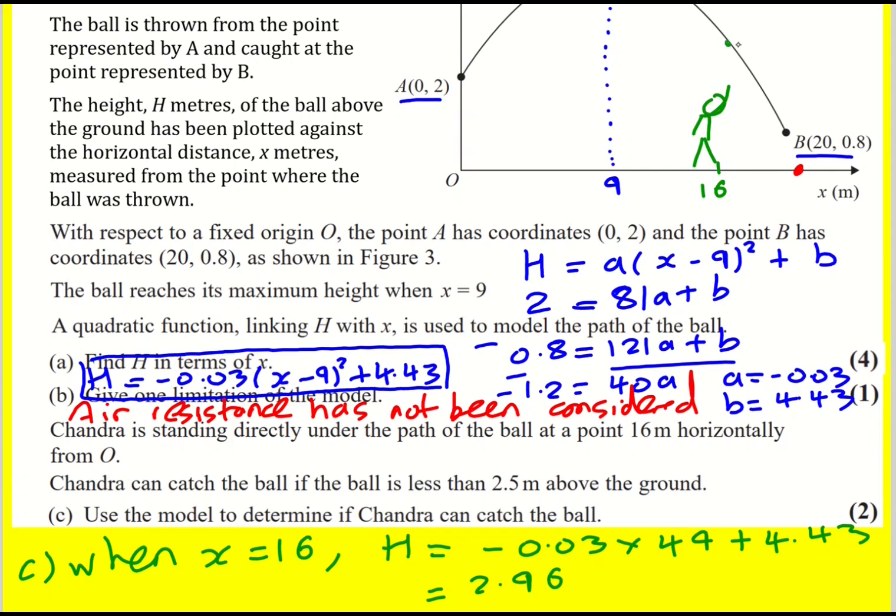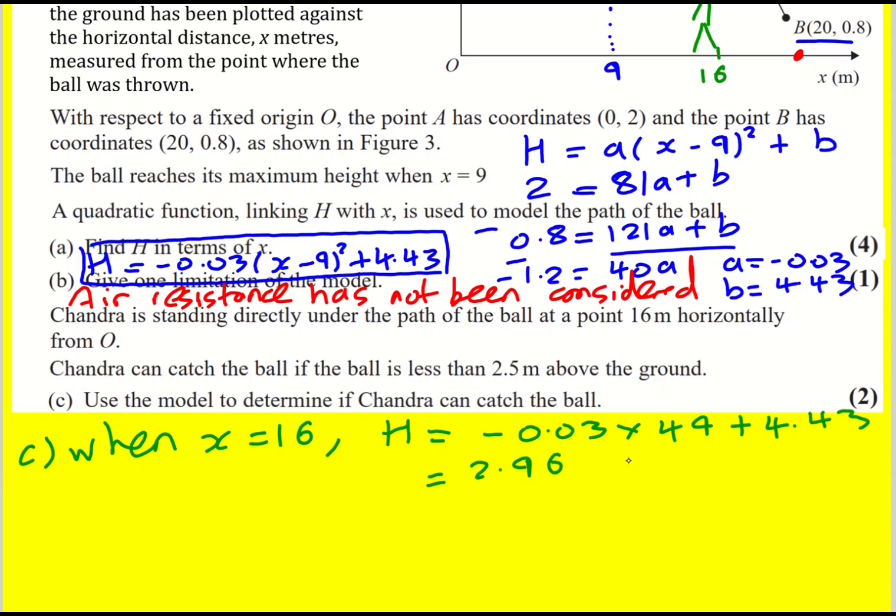They're trying to catch it, but it's a little bit too high. So I would say this is greater than 2.5, and then write a little conclusion. So Chandra cannot catch the ball.